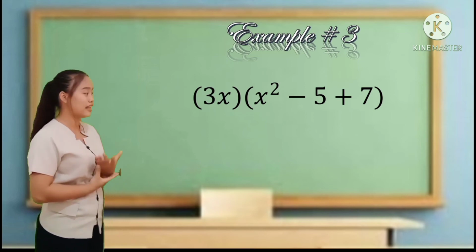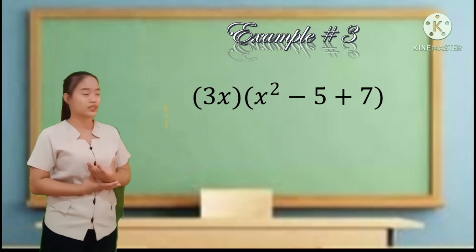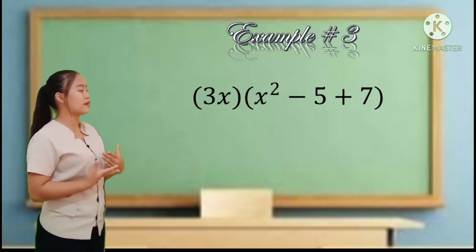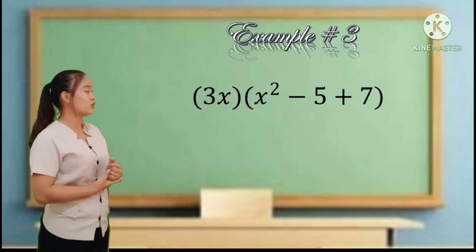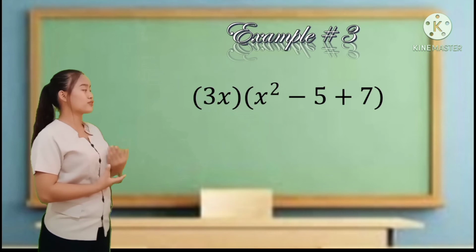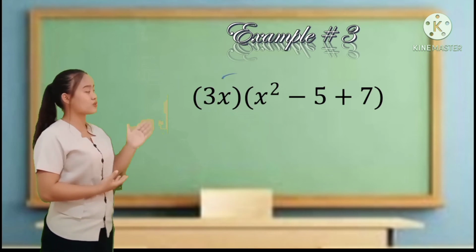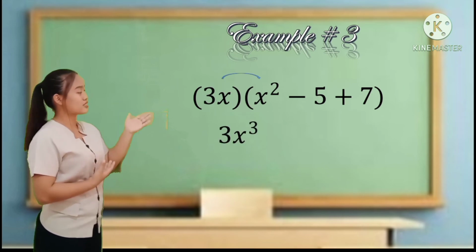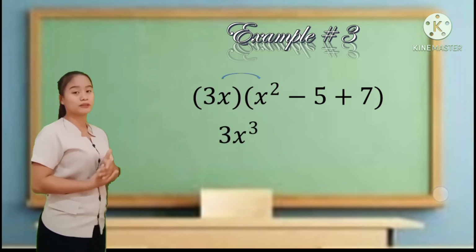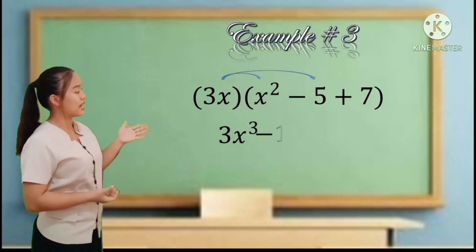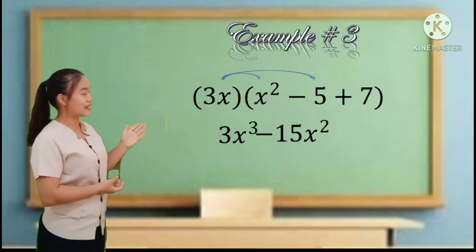Did you get it, class? Okay, very good. So now let's distribute 3x to x squared minus 5x plus 7. Then 3x multiplied by x squared is equal to 3x cubed. Then 3x multiplied by negative 5x, so we have negative 15x squared.